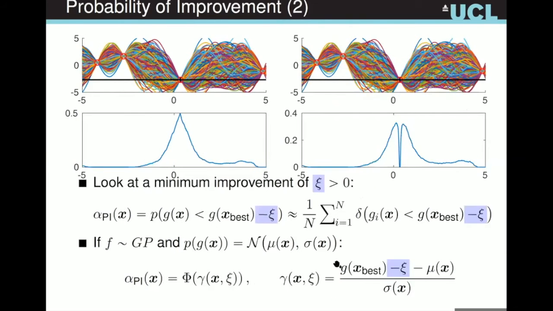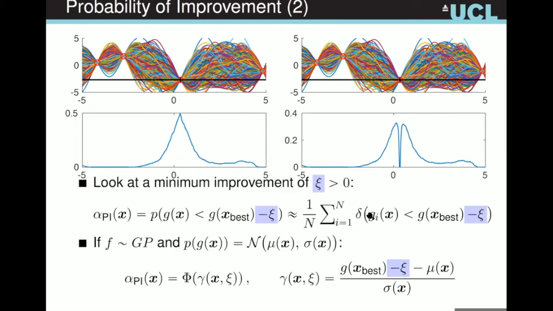The expressions will actually not change that significantly. If we look at a minimum improvement of some value psi, then we would like to compute the probability of g of x being better than g of x best minus psi. So this entire sum here would just add the minus psi in these expressions. And we would also get a closed form expression for the acquisition function using the Gaussian CDF.